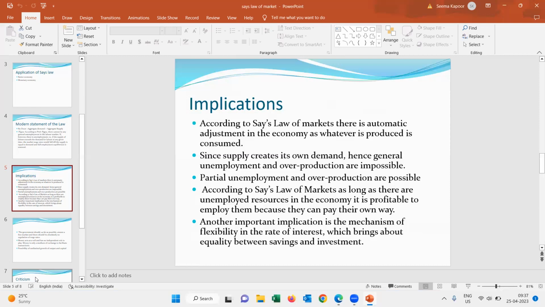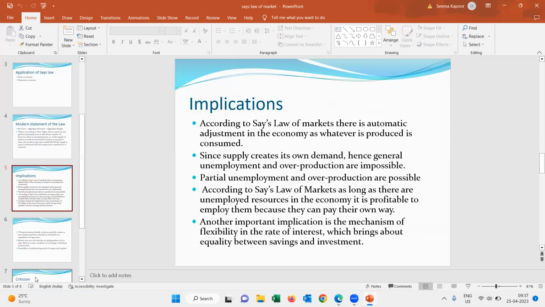In a similar way, according to Say's law, general unemployment is also impossible. Unemployment means when supply of labor is more than demand for labor. When supply is more than demand for labor, Say suggests that to correct this disequilibrium, wages are flexible. That means the wage rate will fall, labor will become cheaper, and there will be more demand for labor from the producer side.